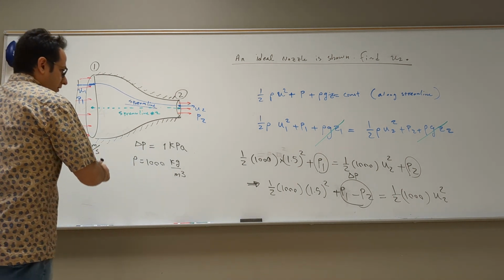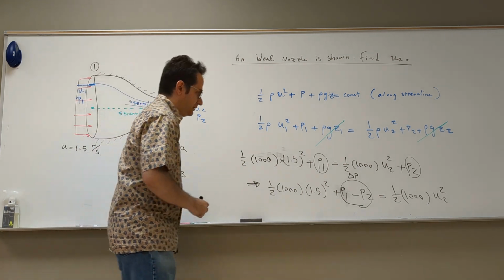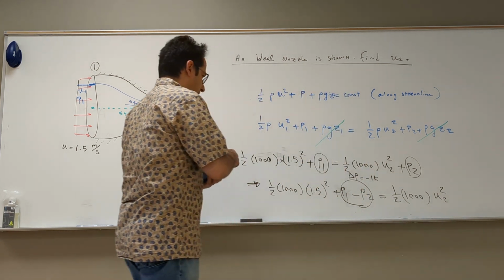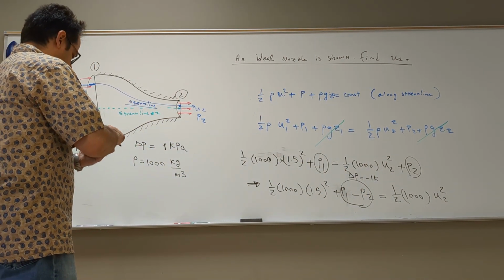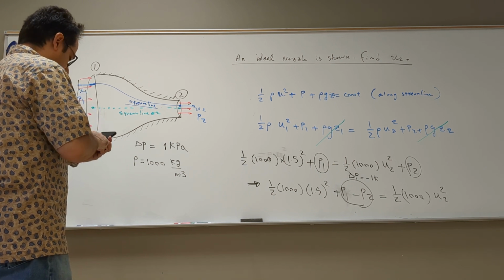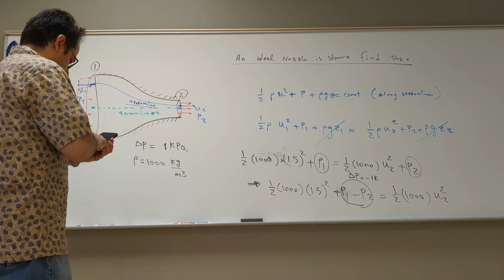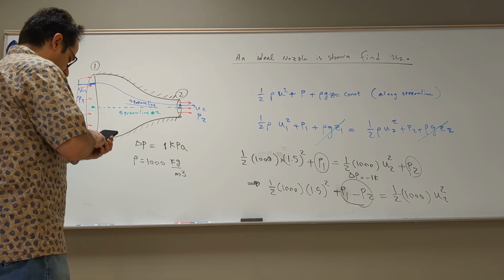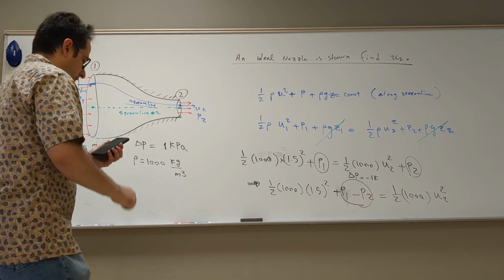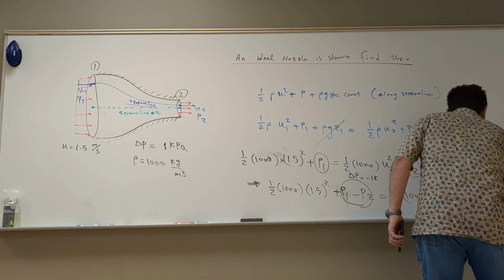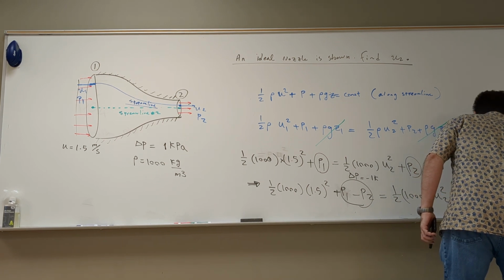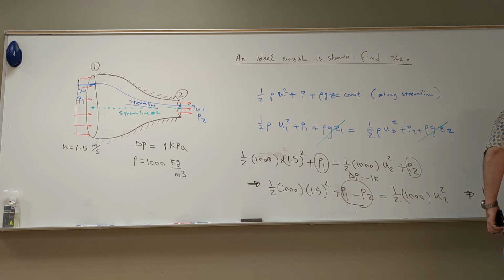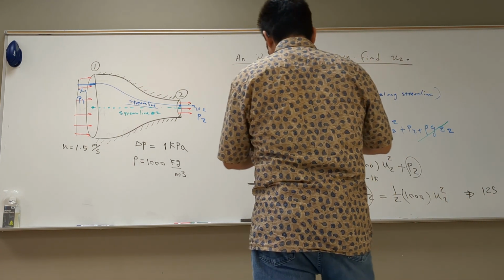It's just 1K. So if you put 1K here, what do you get? This is negative 1K. So if you put it in a calculator, what do you get? 1/2 of 1,000 times 1.5 squared minus 1,000. You get 125 is equal to 500 u2. And then you solve that for u2.